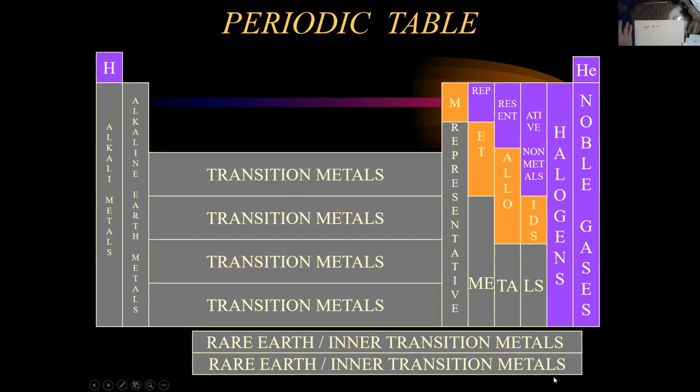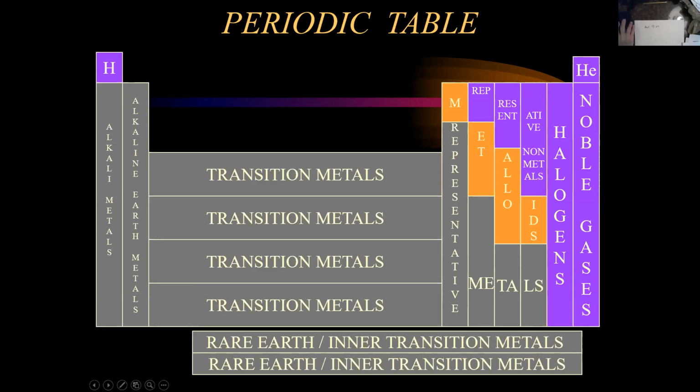And the bottom one is called inner transition elements, and they're called inner transition elements because this first row that goes across here from cerium to lutetium is that first row. They belong between lanthanum and hafnium on this row. So all 14 of these land between the first of this transition series and the next element in this transition series.